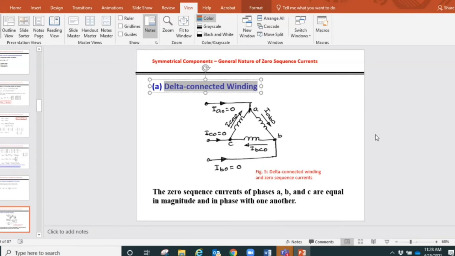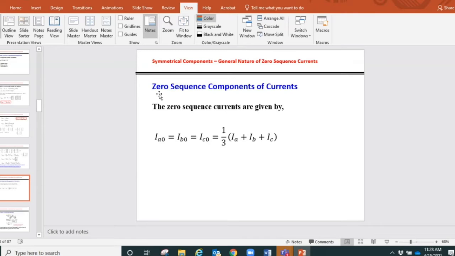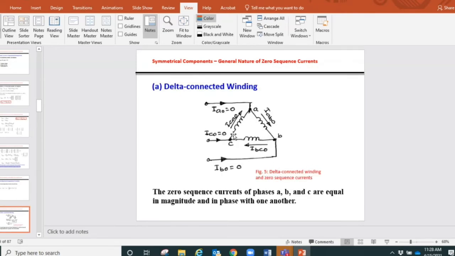There's nothing. It's okay. So we consider that there are three windings that are connected in delta. The connecting points are shown as A, B, C as the nodes, and there will be zero sequence currents. We are talking about zero sequence currents now. So zero sequence currents will be flowing in them. So IAB0 is labeled here.